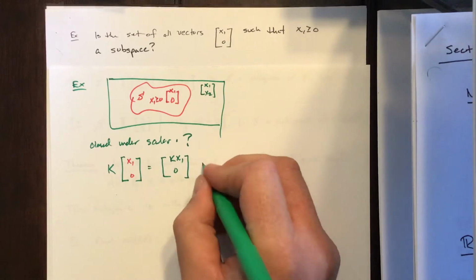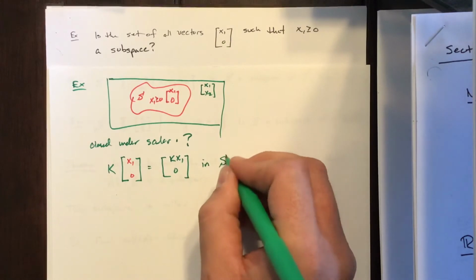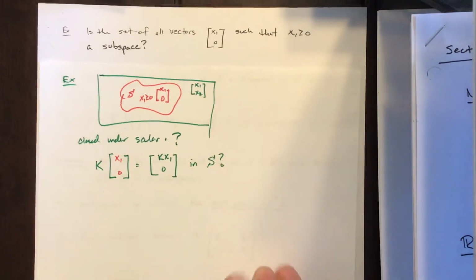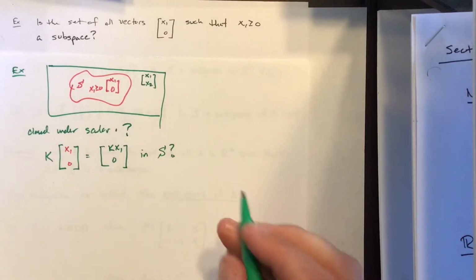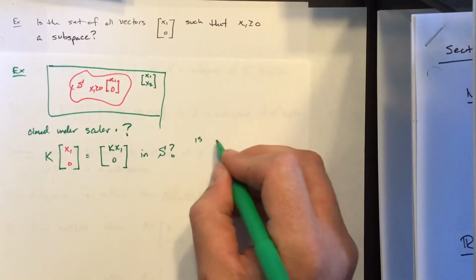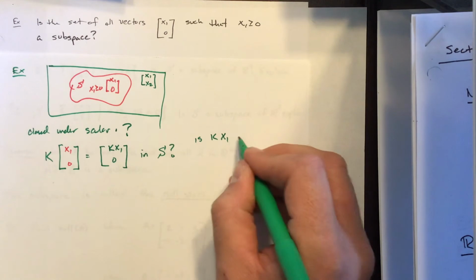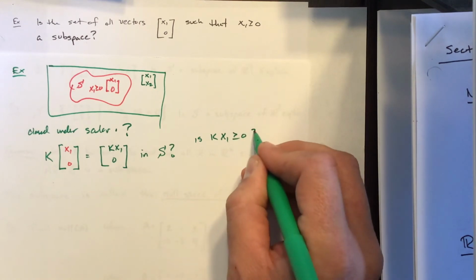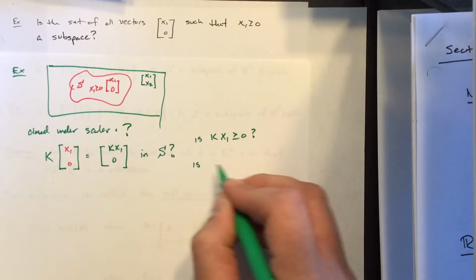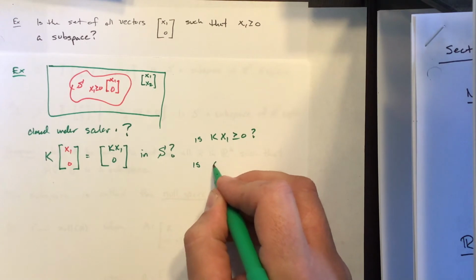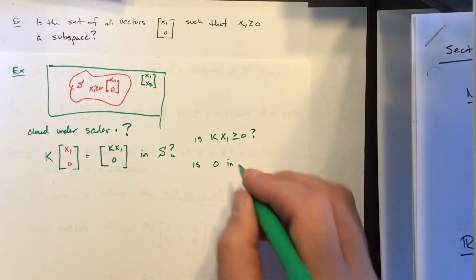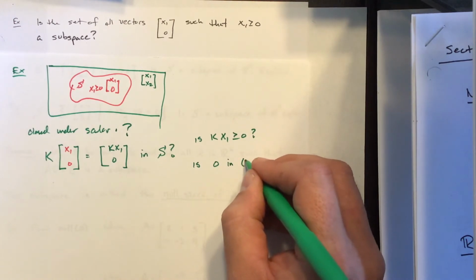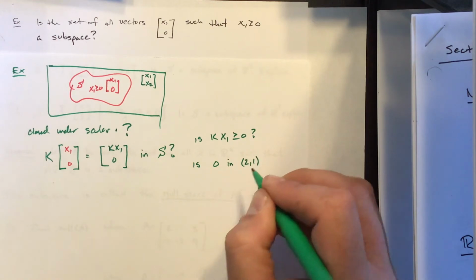Is this in S? So two things to check. Is k times x1 greater than or equal to 0? Is there a 0 in position row 2, column 1?